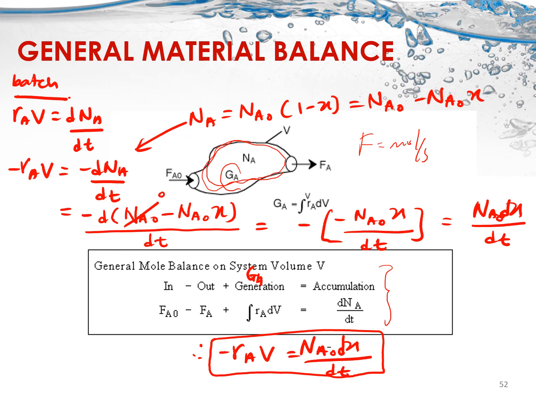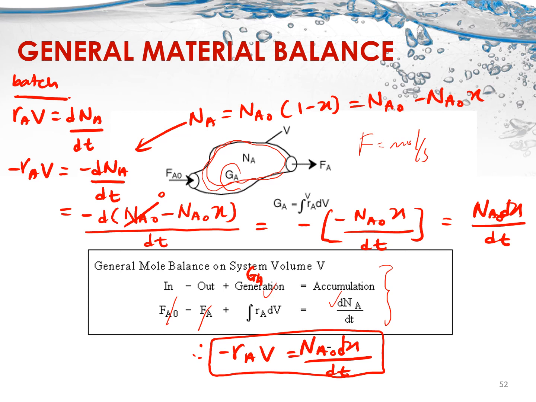Okay, so let's say we have a batch. Okay, so if there is a batch system, okay, means that there is no in, there is no out. Okay, there is a generation and there is an accumulation occurs in the reactor. Okay, so we can cancel this one and cancel this one. Okay, we will have rA V equals to dNA over dt.